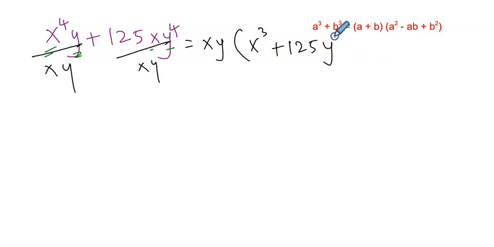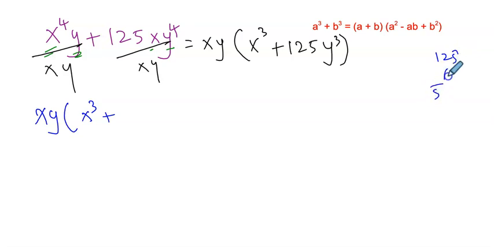So that is 125 y to the third power. 4 minus 1 is 3. And we will try to write this in this form of that algebraic identity, a cube plus b cube. Okay. So I have x y times x cube plus 125.